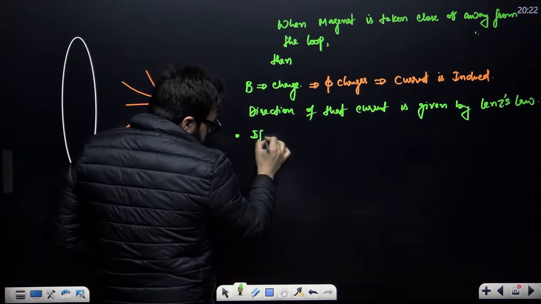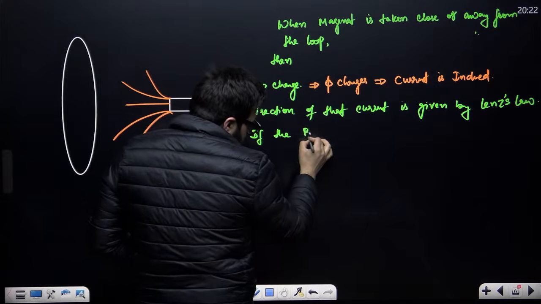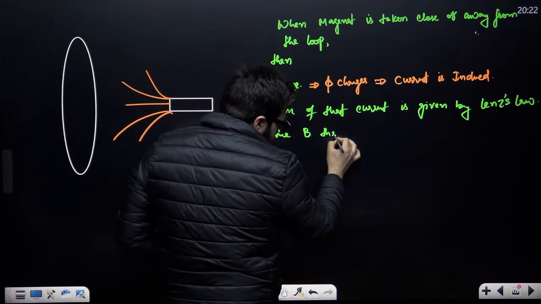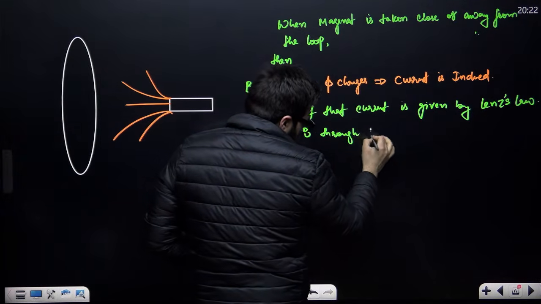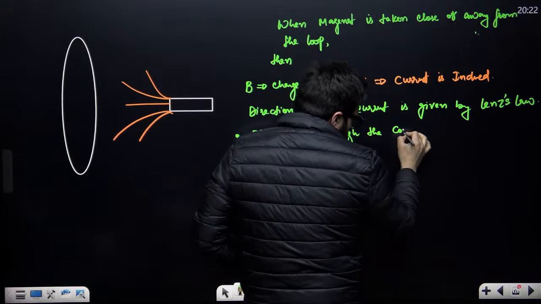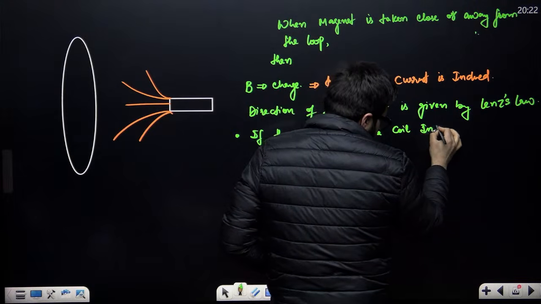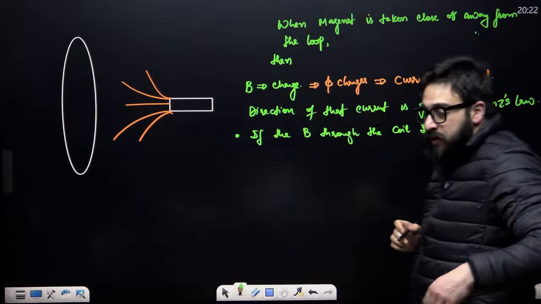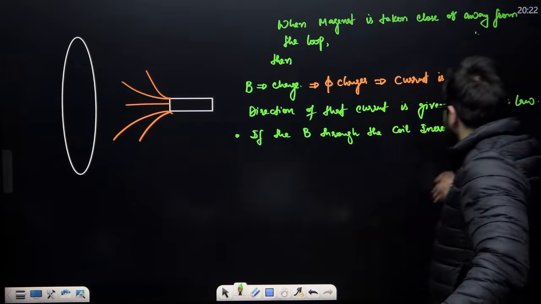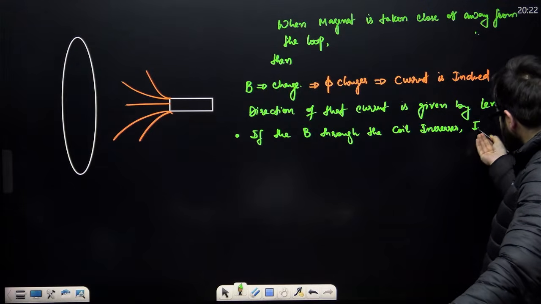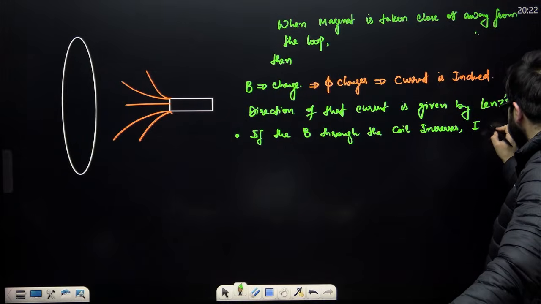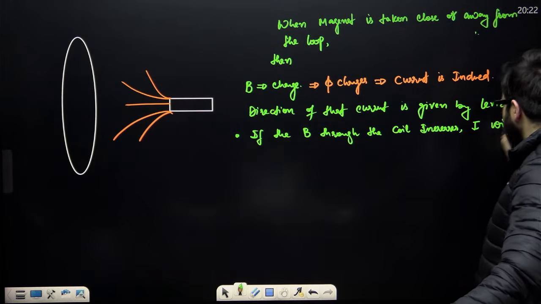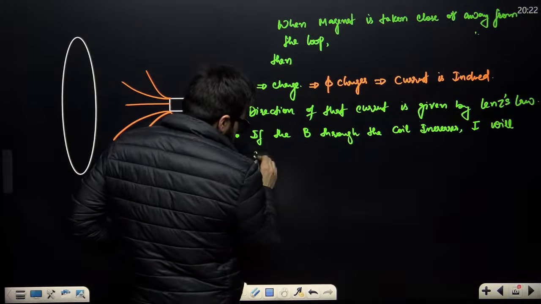If the magnetic field through the coil increases, the current produced in the coil, I is the current, will oppose it. This current will oppose it.